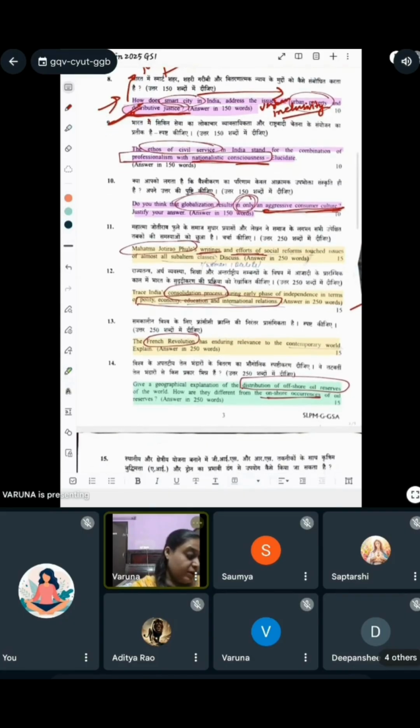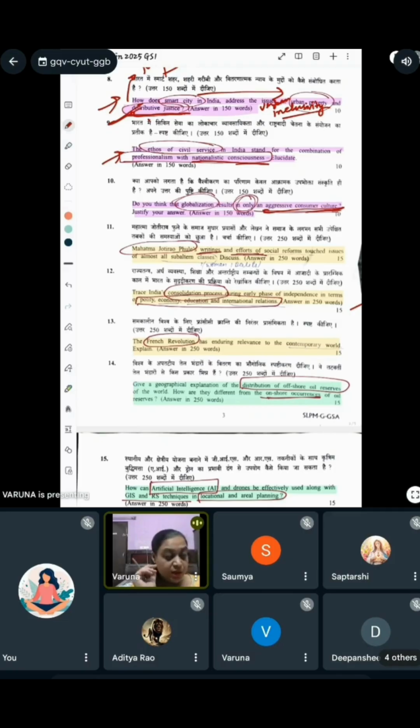Okay. The next question: the ethos of civil service in India stands for a combination of professionalism and nationalistic consciousness. Elucidate. From the very first reading, does it look like a GS1 question?